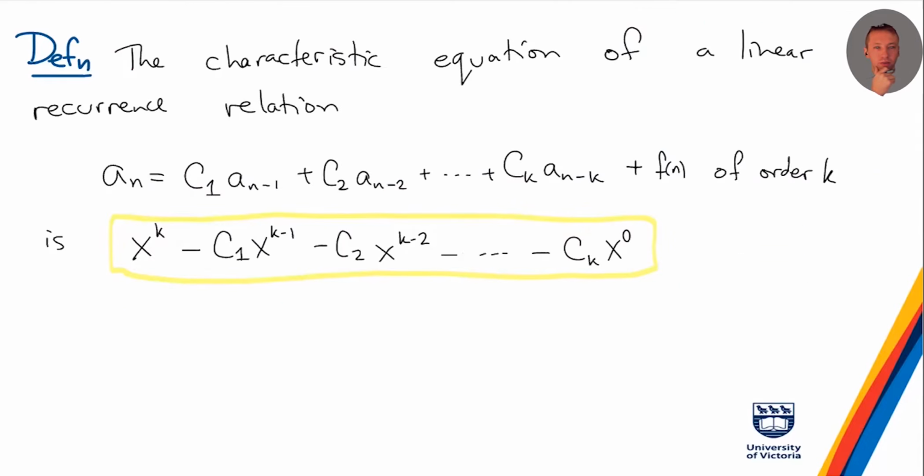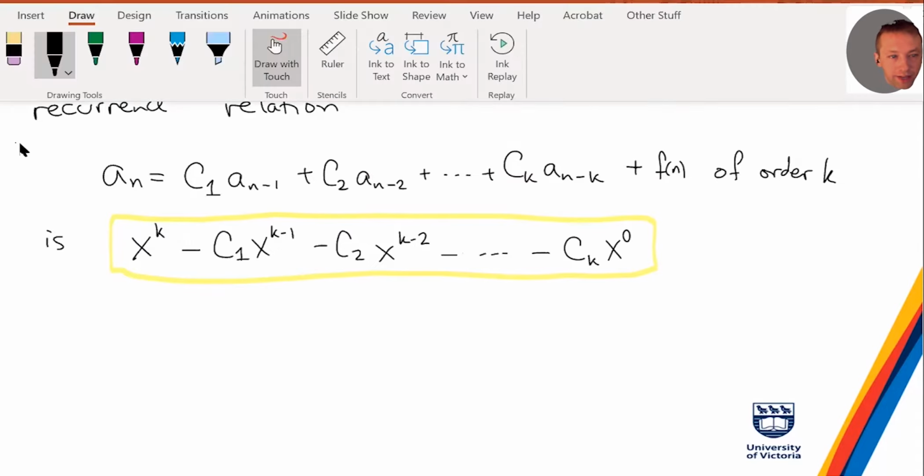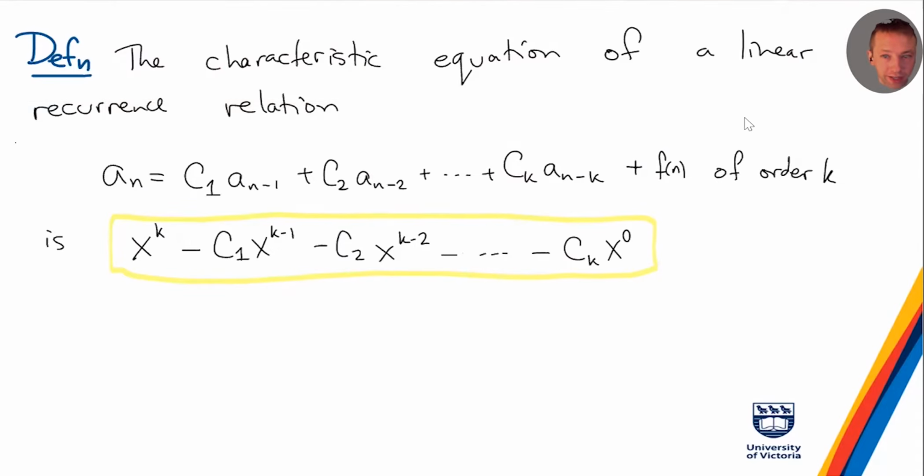Okay, so we're going to require the following definition. If I give you a linear recurrence relation, remember what linear means is that you can write a_n as some number times a_{n-1}, something times a_{n-2}, down to something times a_{n-k}.